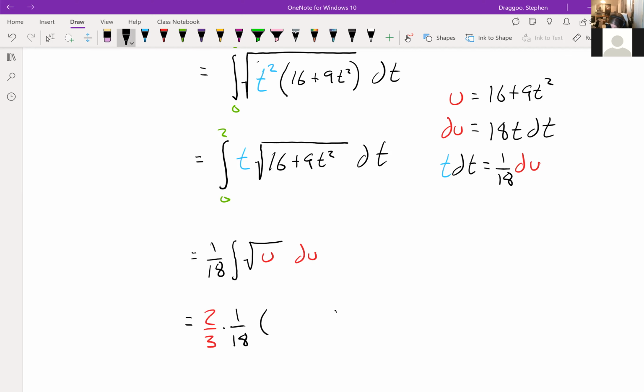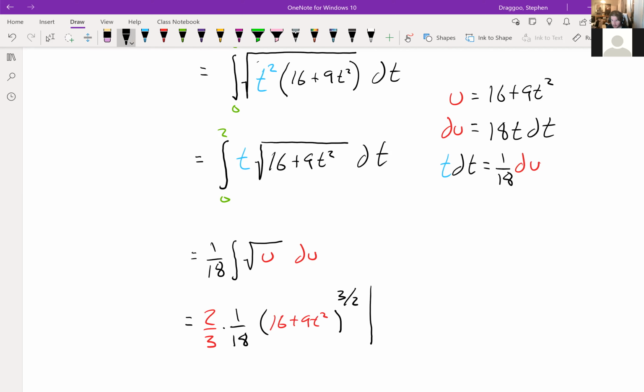Right, so I'm just going to put some parentheses here, 3/2, where u is supposed to go in here. Now that I've done my integral, I'm going to substitute back in to have a 16 plus 9t squared, because that's what we know u to be.